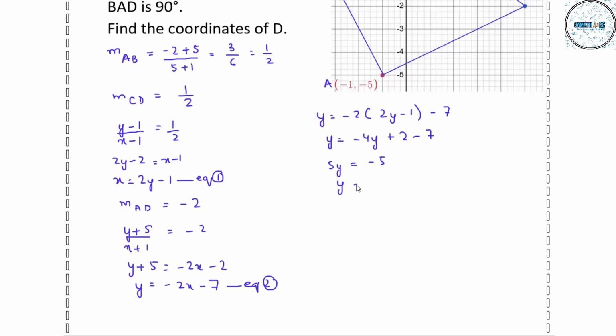So y is equal to minus 1. Now we can take out the value of x by substituting this value of y in equation 1. So 2 into minus 1, minus 1. So x is equal to minus 2 minus 1, which is minus 3. So the coordinates of D are minus 3 comma minus 1.